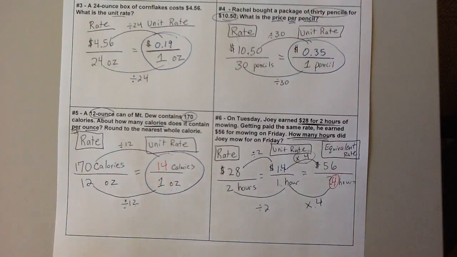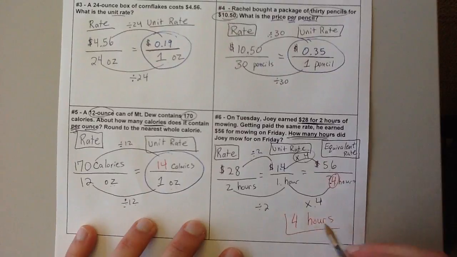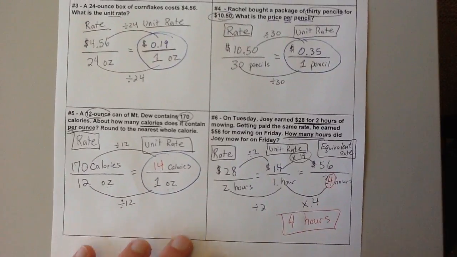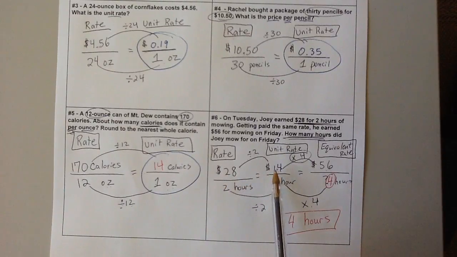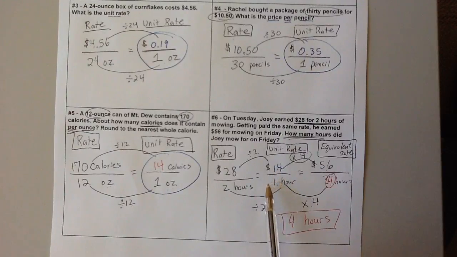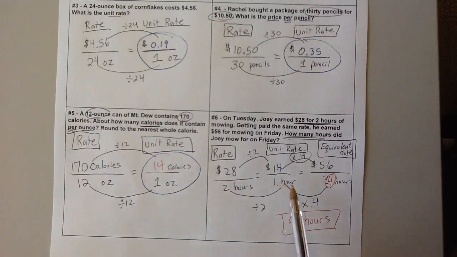He mowed for 4 hours. Okay, so as you can see here, I set up my rate given to me in the problem, $28 for 2 hours. I found the unit rate, which means how much does he make in 1 hour. That's going to be $14 per hour. Once I know how much money he makes in 1 hour, then I can figure out, if I know he makes $56, how many hours he worked for, which would be 4 hours here.